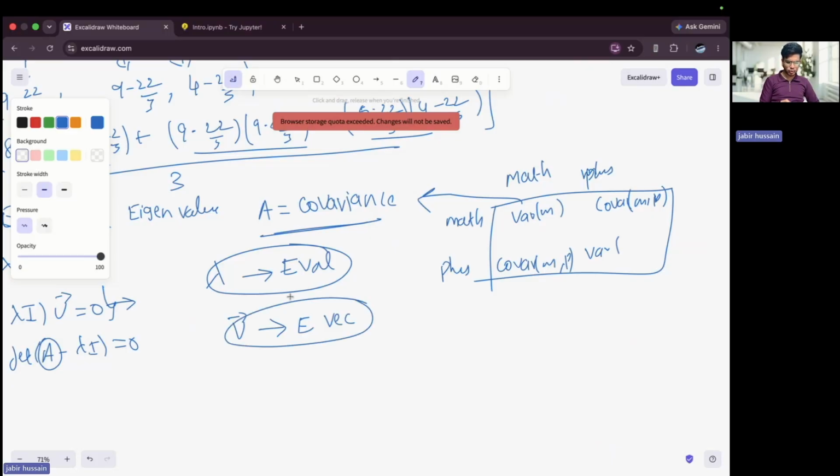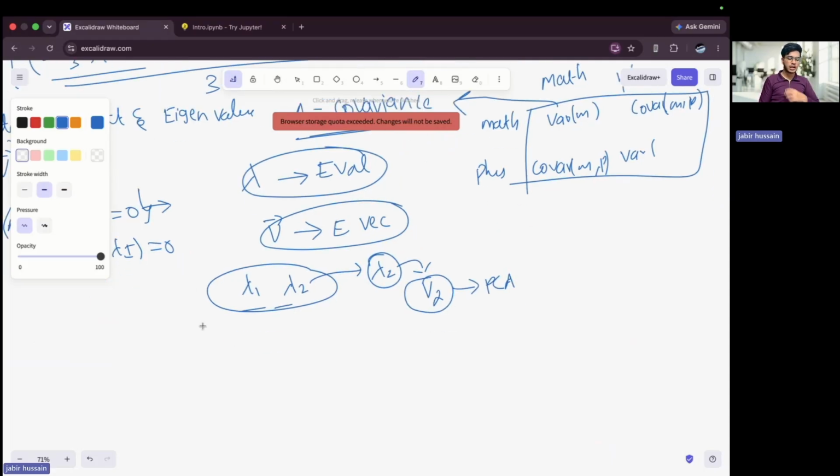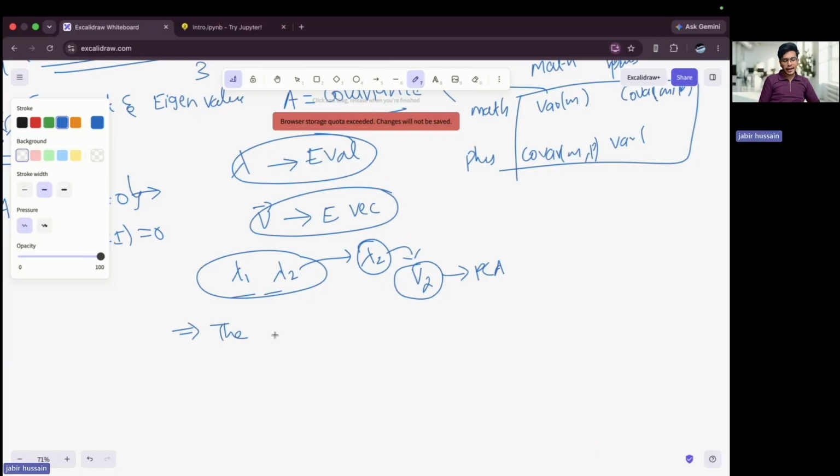I'll show you how we calculate it in the program, but after calculating it, we'll get, let's say, two eigenvalues, lambda 1 and lambda 2. Let's assume that lambda 2 is the highest one. So the lambda 2 vector will be our PCA 1. What I'm trying to tell here is that the highest eigenvalue will be the most important one.